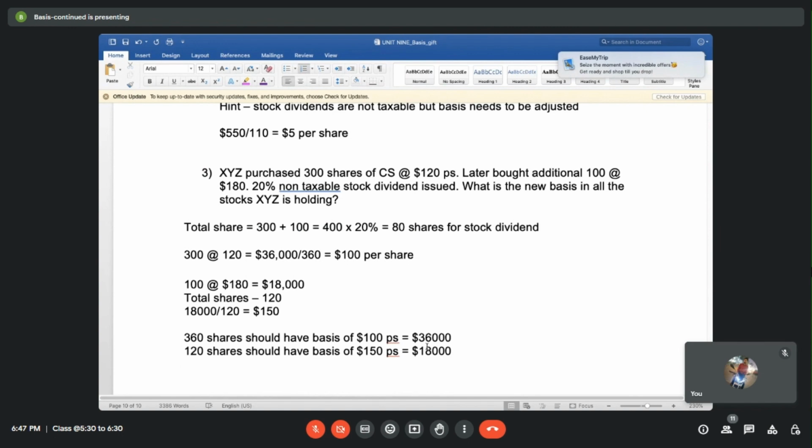Why? Because something is offered for tax. We are paying taxes on that, so whatever we are paying taxes on becomes our new basis. Here we are not paying any tax, so only your unit price changes; you cannot adjust the entire thing.